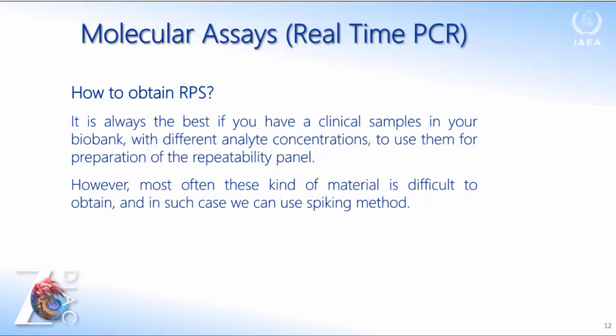However, this more often is not possible, and these materials, as we said in the previous days, are difficult to obtain, especially for some exotic diseases. And in such a case, we can use spiking methods to produce these repeatability panel samples.